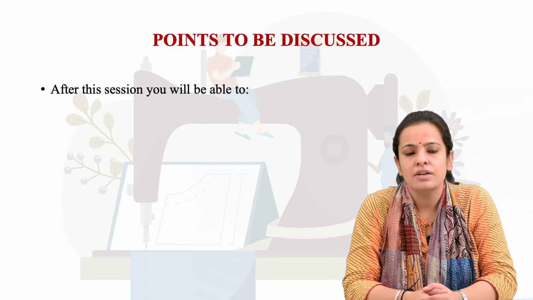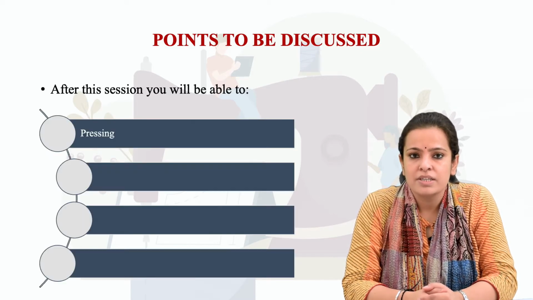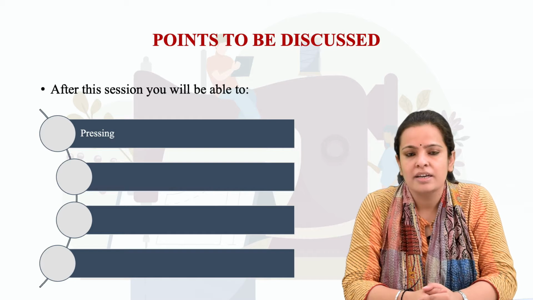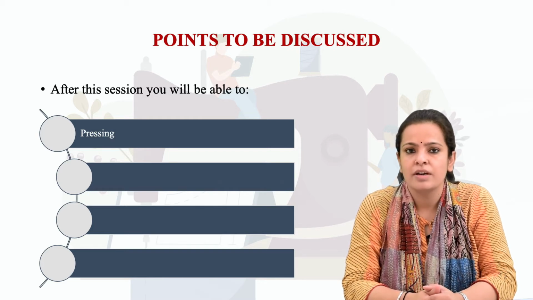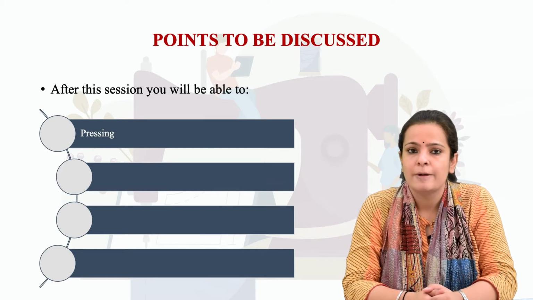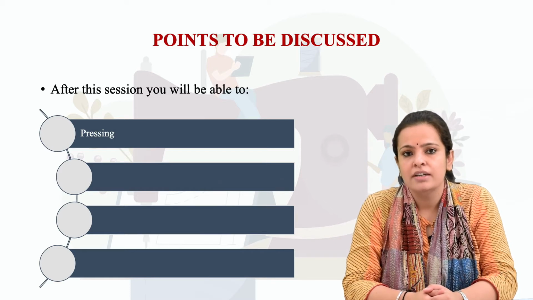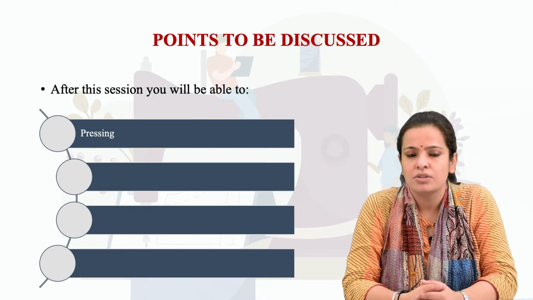In this session we will be discussing the term pressing and why it is done in garment construction, what it is, the importance of pressing in garment construction, what steps we follow for the pressing process, and its types, how many types of pressing process we do in garment construction.